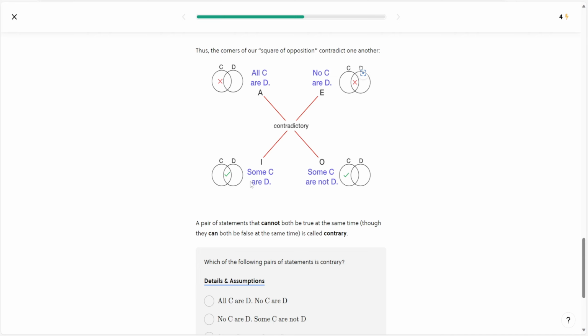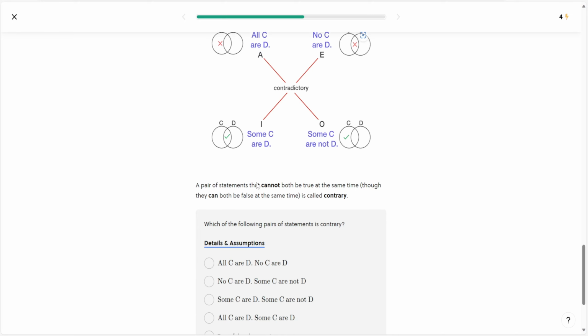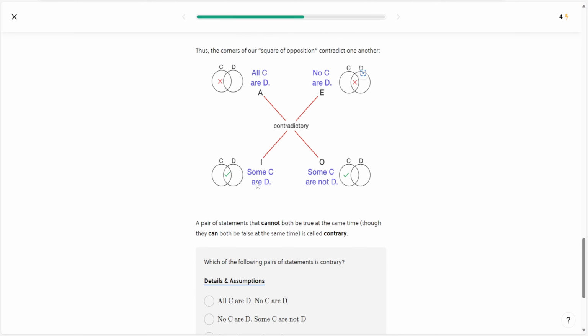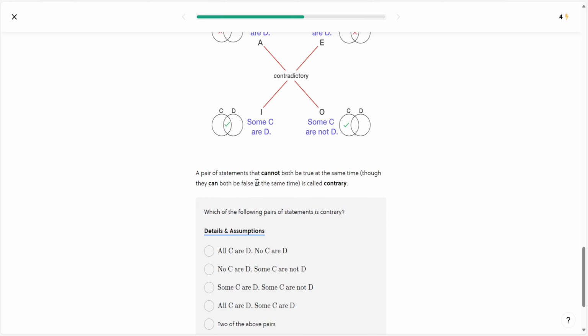Some C are D, some C are not D. Why is this such a struggle for me? I don't know why my brain can't work this one out.